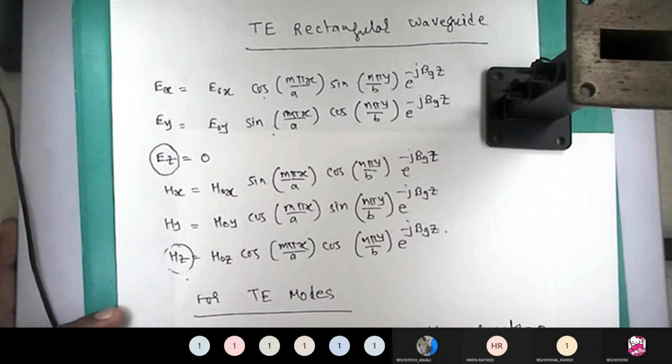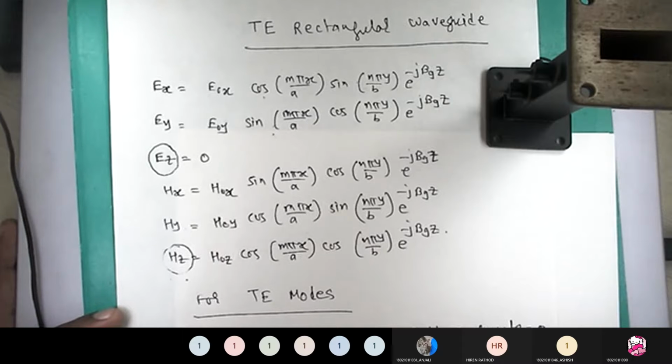Now the next question is whether TE10 can be possible. So yes, the TE10 mode can be possible, because here m equal to 1 and n equal to 0, and what does it indicate?